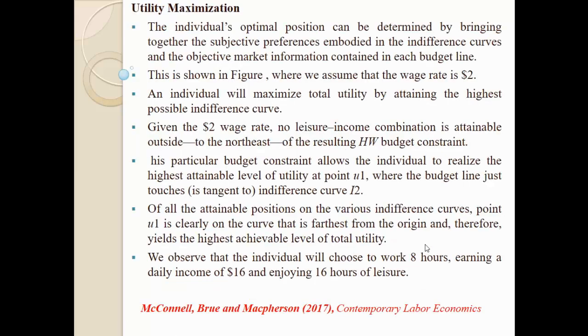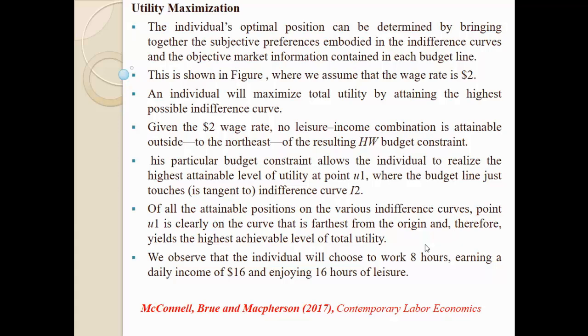Now the question arises, where, for utility maximization, will the individual labor be in equilibrium? For the equilibrium, the conditions are the same as we discussed in microeconomics: the equilibrium occurs at the point where the indifference curve is tangent to the budget line.